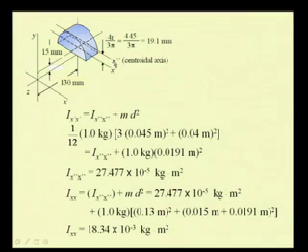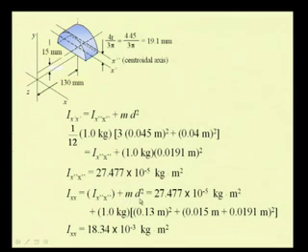Now that we have determined the second moment with respect to this axis, we again apply the parallel axis theorem to determine the second moment with respect to this axis x. So, now we write Ixx is equal to the second moment with respect to the centroidal axis. You can note at this point that we always write the parallel axis theorem by considering one axis as the centroidal axis. So, I x double prime plus m d square.